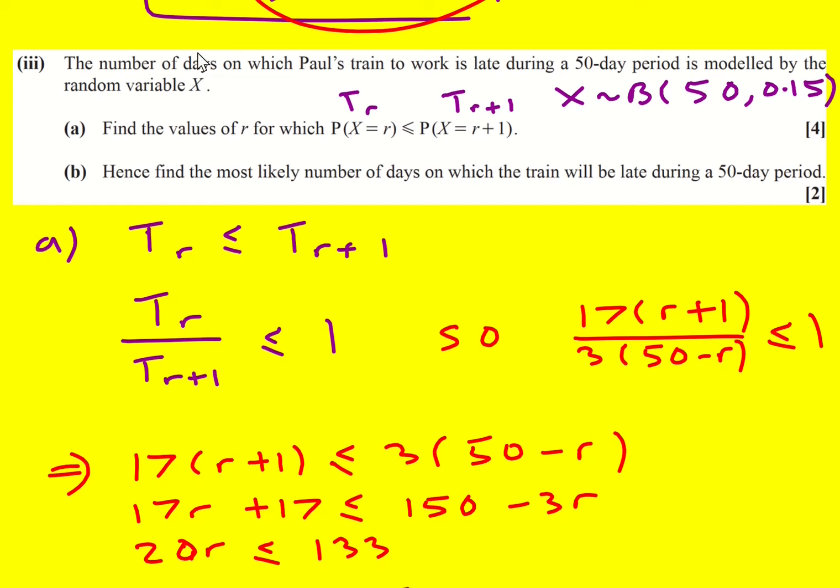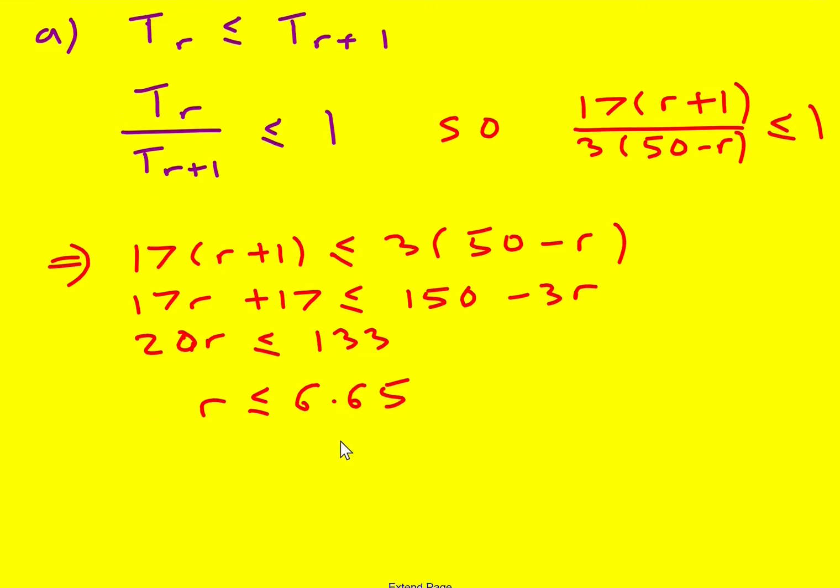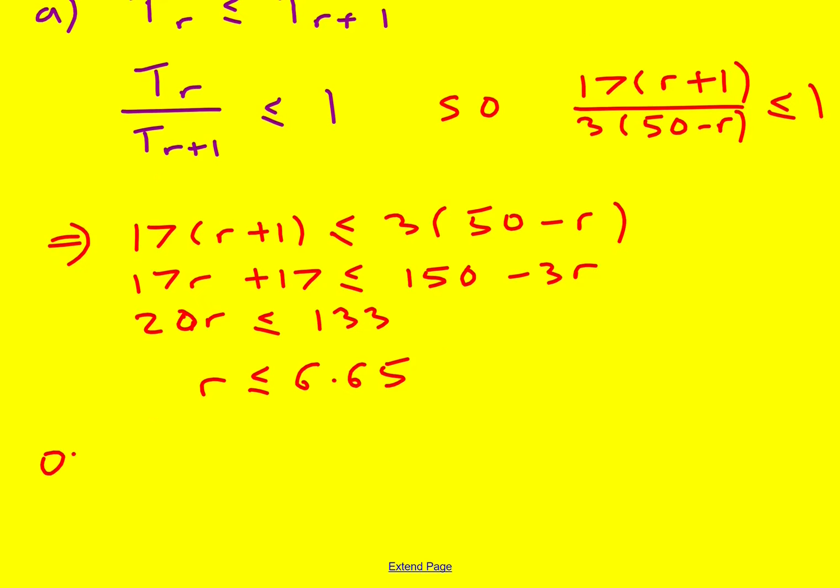It's the number of days the train is late, r times, so it can't actually be 6.65. It's got to be 6. Overall, 0 less than or equal to r less than or equal to 6.